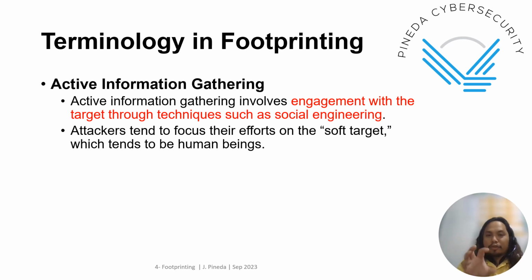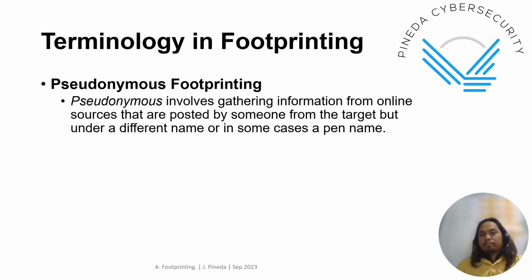So we call it soft targets, because we humans are soft, you know? So we try to bend some of the rules depending on the situation. So that's what we want to target here, right?